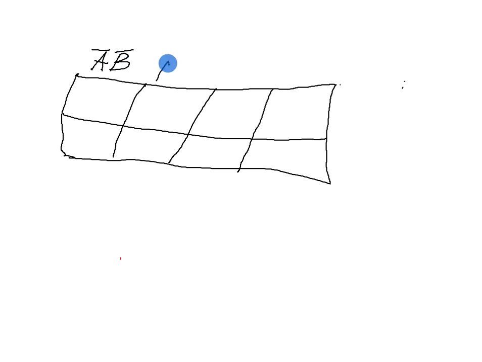A bar, B bar. Next, A bar, B, which differs in only one variable. Then maintain B, then A. Next is A, B bar. Then C bar, C.